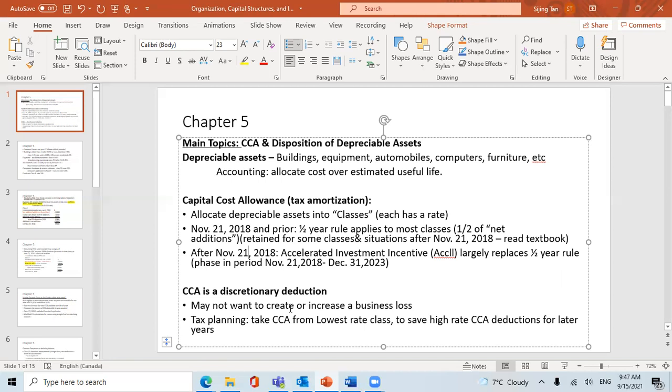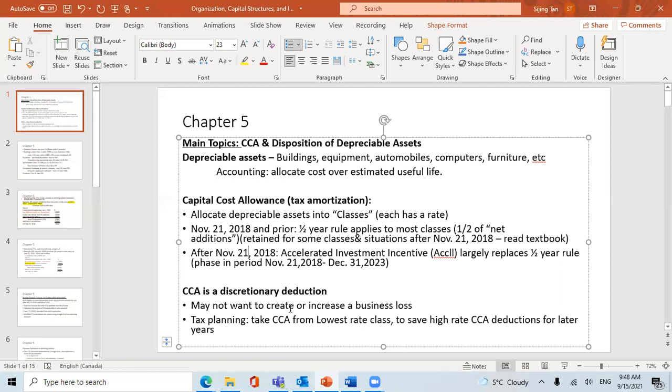The reason a business may not want to deduct the max amount of CCA is because they're already in a business loss situation. If they take the max CCA, it will increase their business loss, and they may not want to do that.